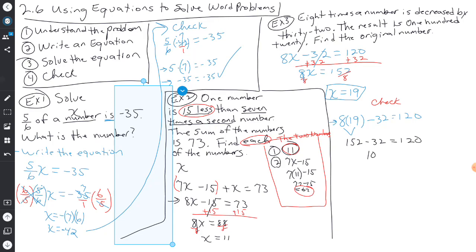All right, so this is going to tell us that 120. So we had the correct solution.